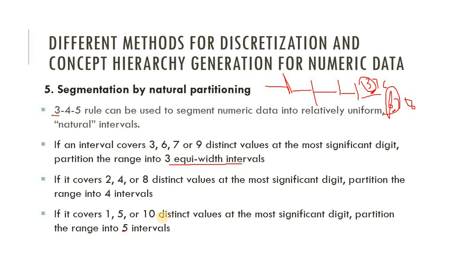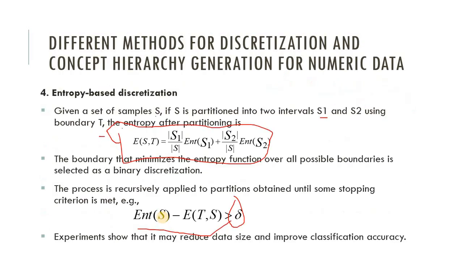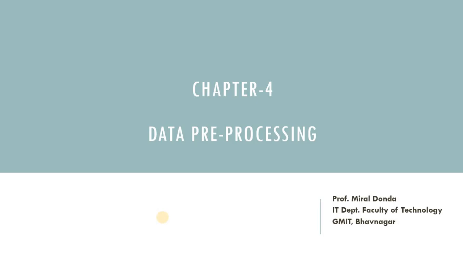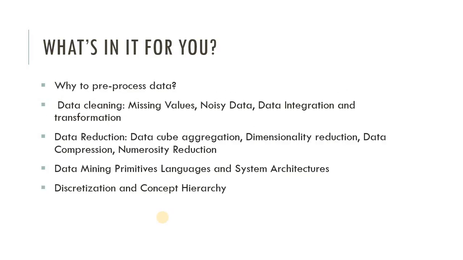So this is the last concept of chapter number 4. In this chapter, we have learned many things: why preprocess data, data cleaning techniques like missing values and noisy data, data integration and transformation. Data reduction techniques are data cube aggregation, dimensionality reduction, data compression, and numerosity reduction.